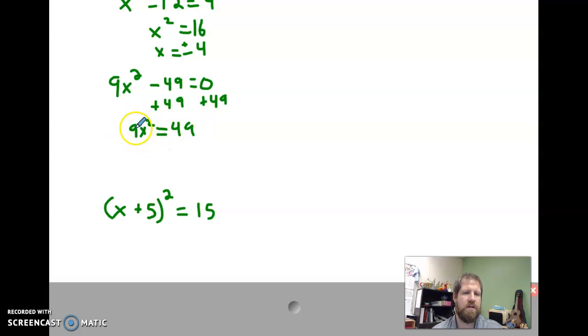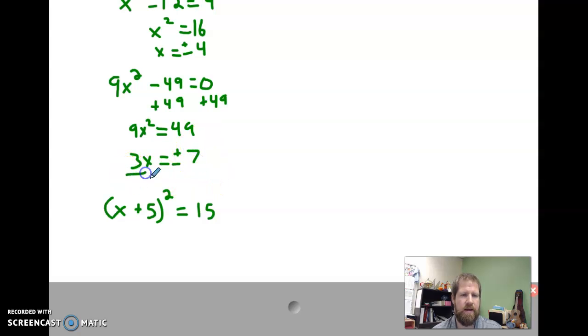Remember, I do have to take the square root of both my x squared and the coefficient, so this becomes 3x is equal to plus or minus the square root of 49, which is 7.